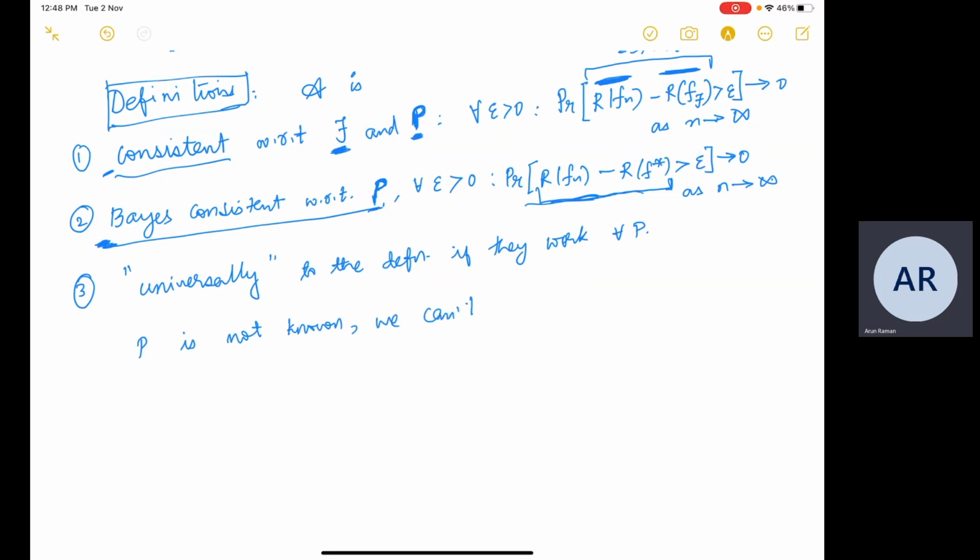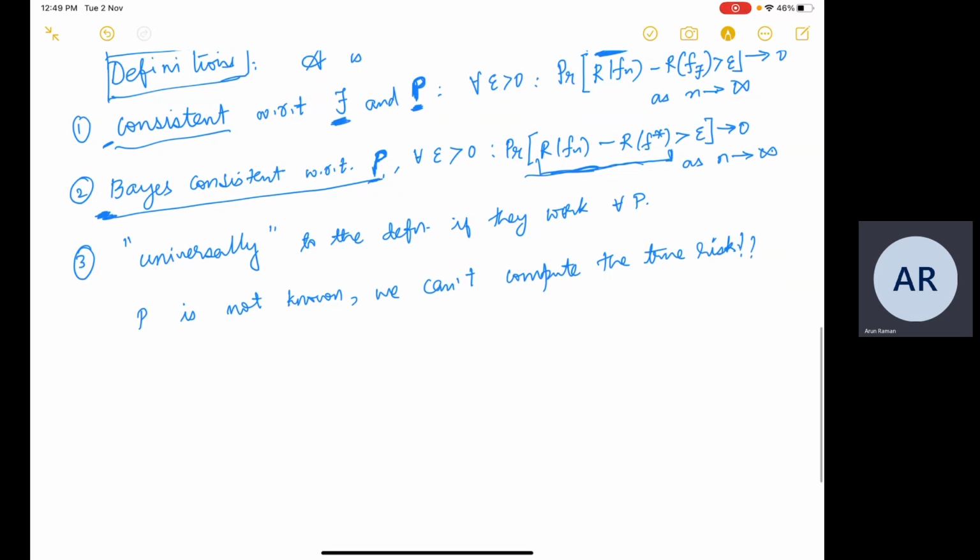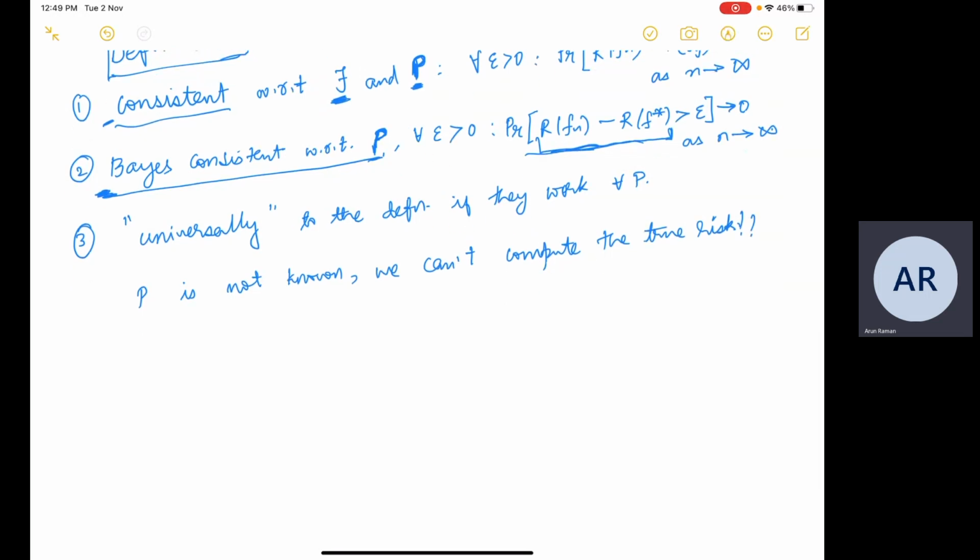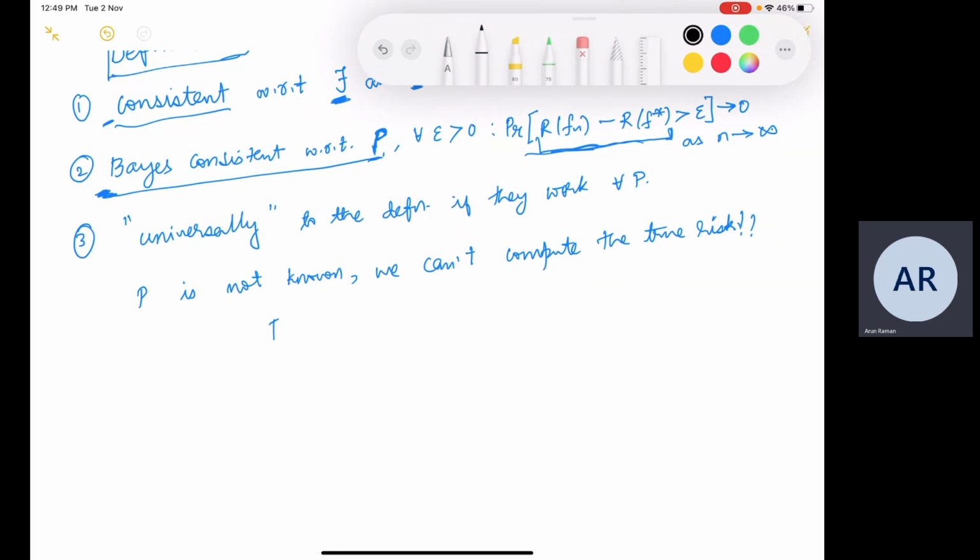we can't compute the true risk. So then we said okay, let us approximate the true risk. Just for the sake of completion, we'll write both definitions here.